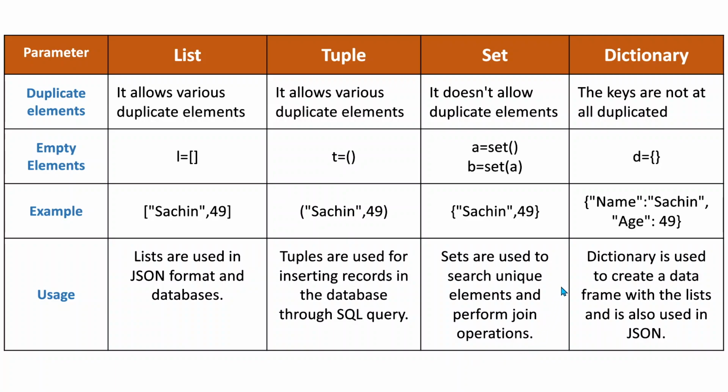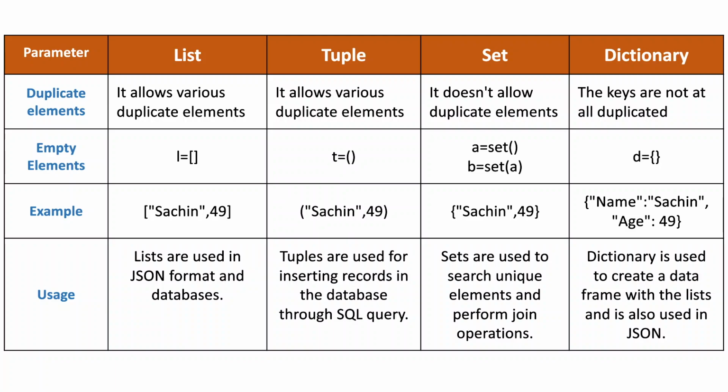Alright, and finally we have something called dictionary. Dictionary is something very widely used. In real time, I promise that you would use this regularly. So dictionary is used to create a data frame with the list and is also used in JSON. So if you have worked with a few inbuilt packages like pandas, and if you work with PySpark and all, you would have created a few data frames, isn't it?